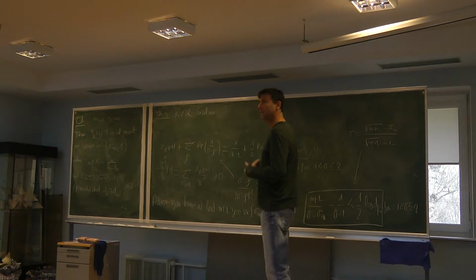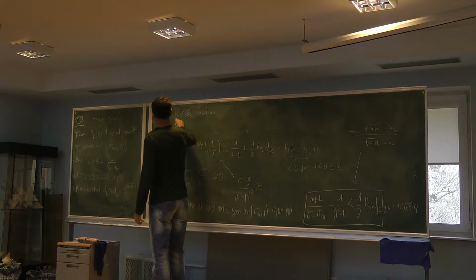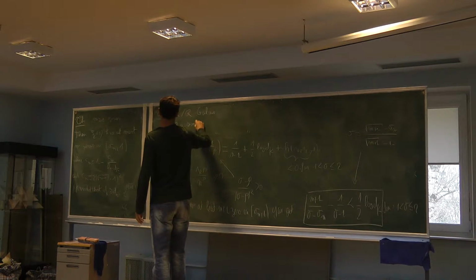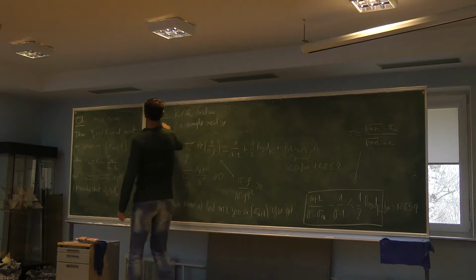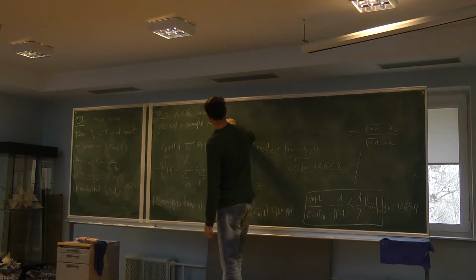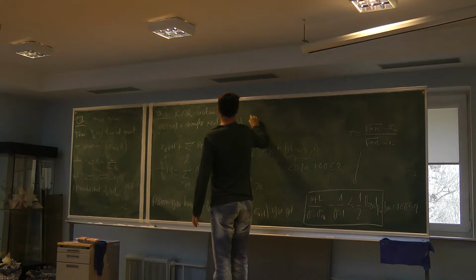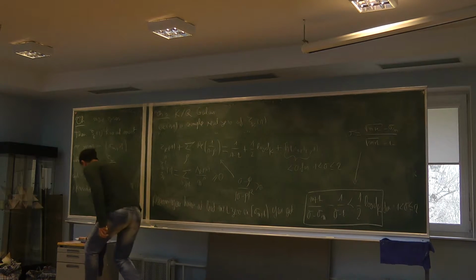And you take any real simple zero. I wish I could read that actually. You take in this range, of course, a simple real zero for the zeta function of your Galois number field.